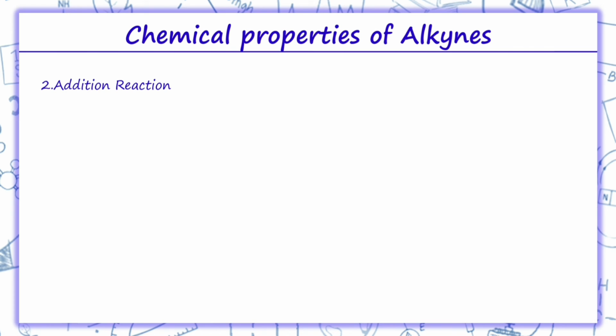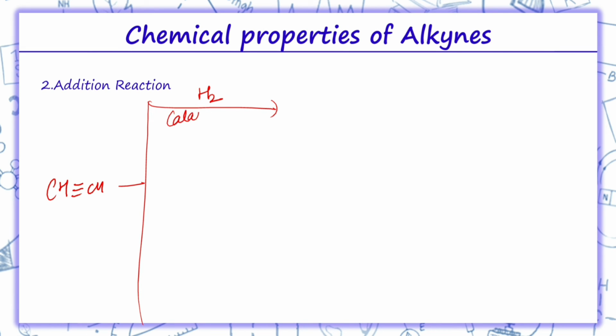Coming on to addition reactions. Addition of hydrogen takes place here, and addition of halogens takes place here. We have the alkyne CH triple bond CH. If we add hydrogen in the presence of a catalyst, we get CH2 double bond CH2.